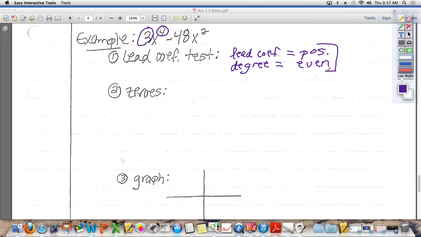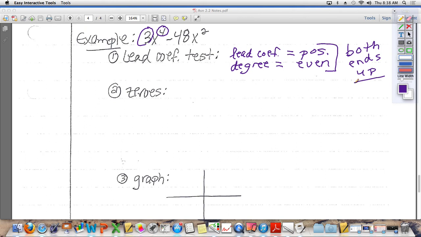Rise to the right and rise to the left. In other words, both ends are up. Now, it certainly might be a parabola, but with this fourth power, we might have some other turns in the middle. But both ends are going to go up. Is it okay if I write here both ends up? Instead of saying rise left, rise right, both ends go up.